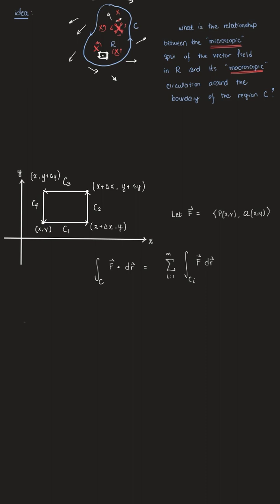So to calculate the circulation along C1, we're assuming, of course, our vector field has components P, Q. And if we look along C1, what happens when we walk along C1 is that x is changing but y is not.